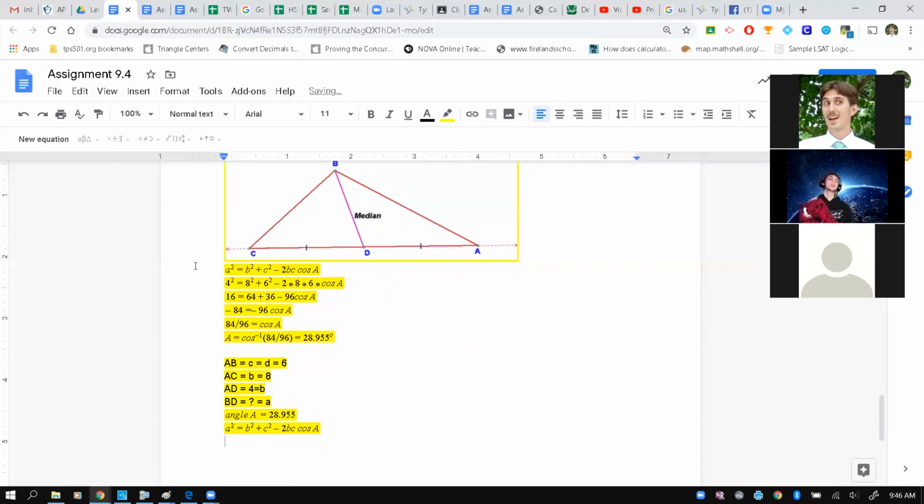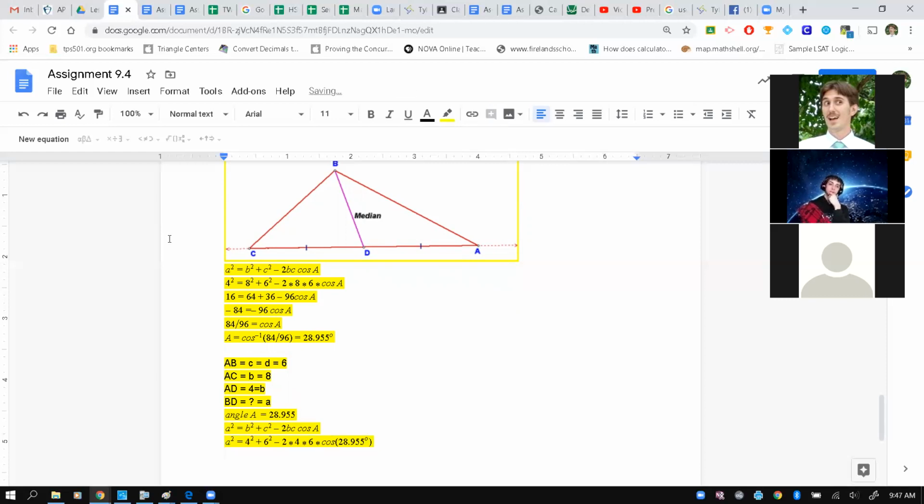So if we plug in, we'll get A squared, which is what we're trying to find, is equal to 4 squared plus 6 squared minus 2 times 4 times 6 times the cosine of 28.955 degrees.